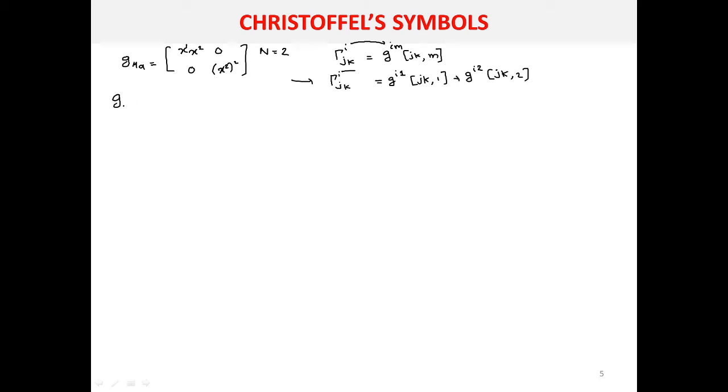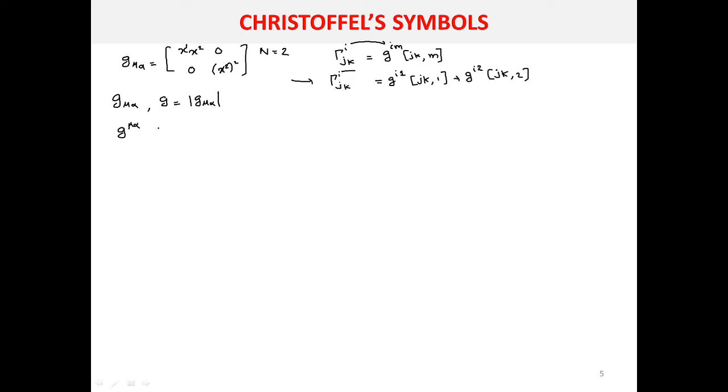Then g mu alpha is the metric tensor. It is a covariant tensor, and g is the determinant value of this metric tensor g mu alpha. Then how can you find the value of the conjugate metric tensor g^mu alpha?